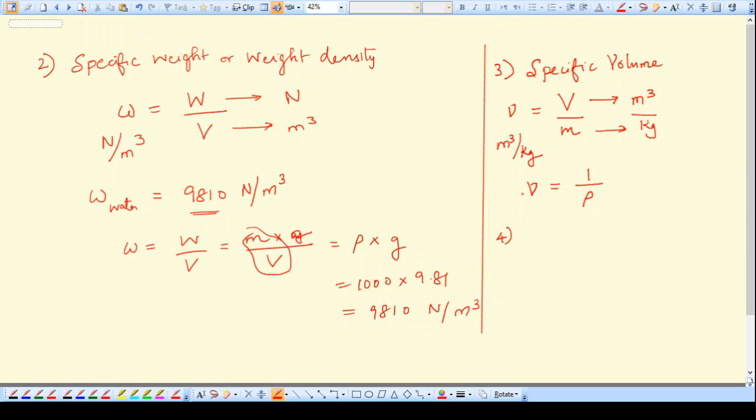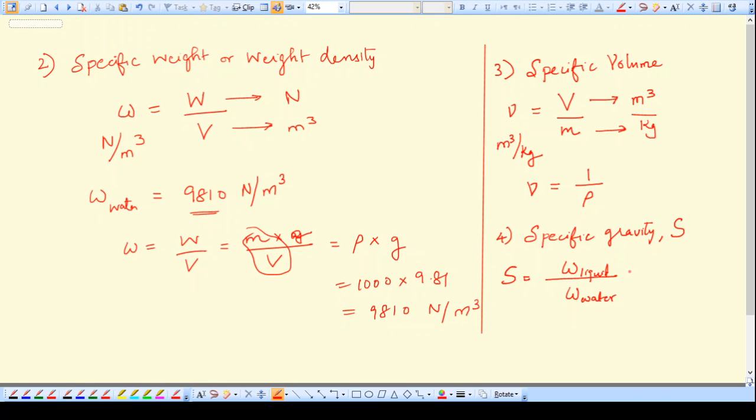The next property is specific gravity. It is denoted by capital S. Specific gravity is equal to the specific weight of the liquid to the specific weight of the standard fluid. For a liquid, the standard fluid is water.